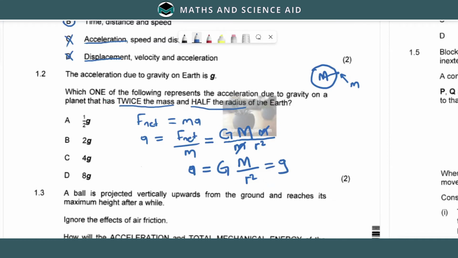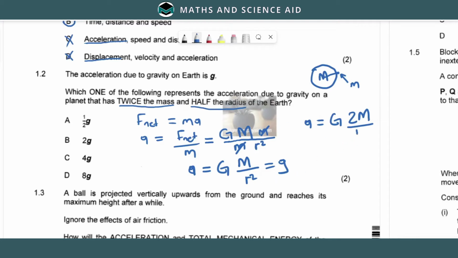But now, what about on a planet that has twice the mass and half the radius of Earth? So for that planet, you would have a is equal to G. And then we have been told that the mass of this planet is 2 times the mass of the planet Earth, because it's twice. And we are also told that this planet has half the radius of the Earth.